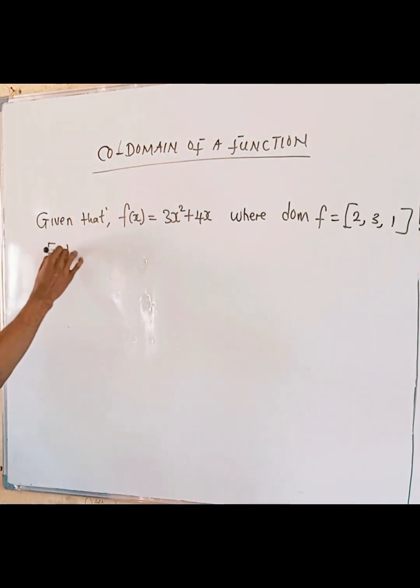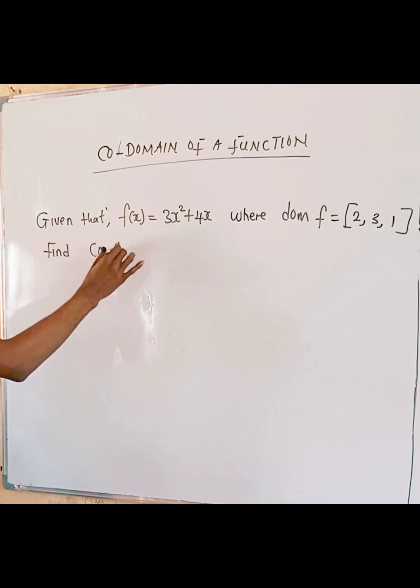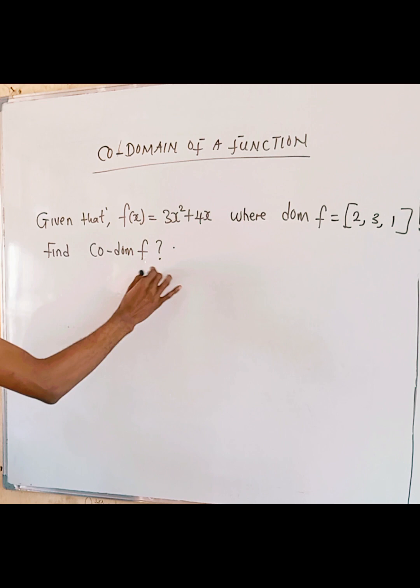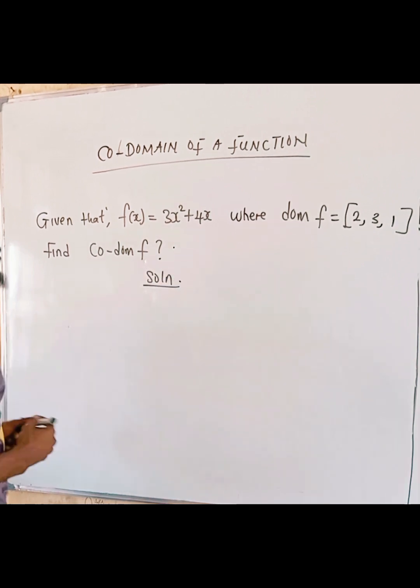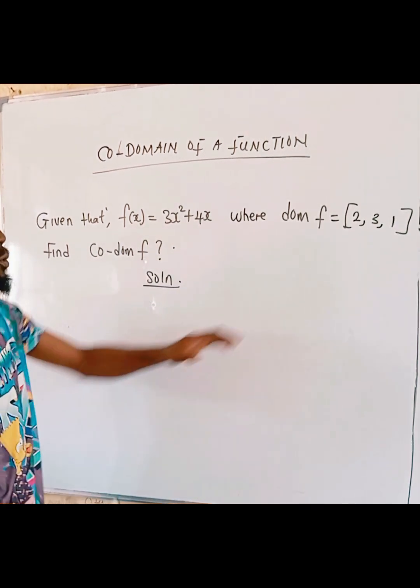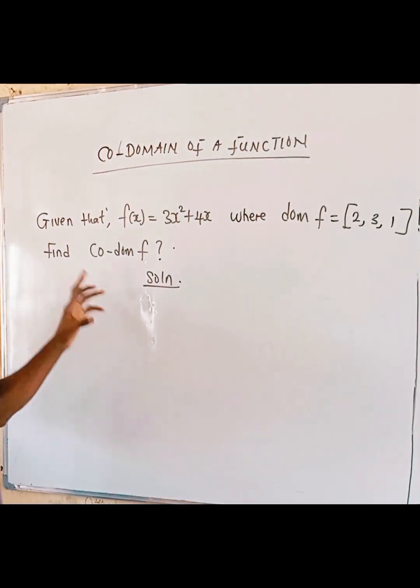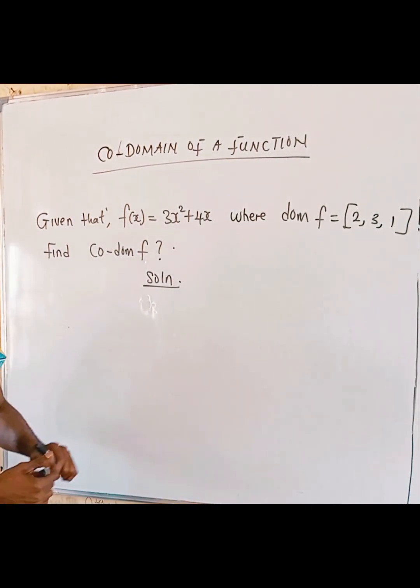Find the codomain of the function. Solution. Of course, we've been provided with the input, which is the domain. We're asked to find the corresponding output, which is the codomain.